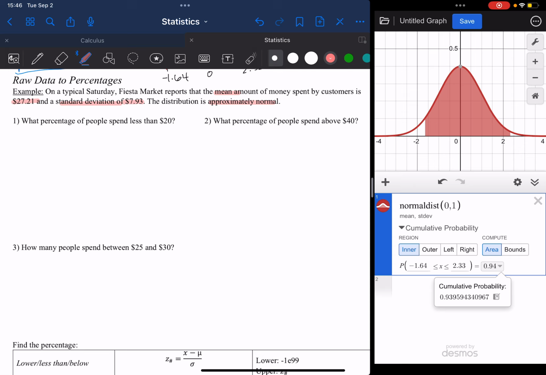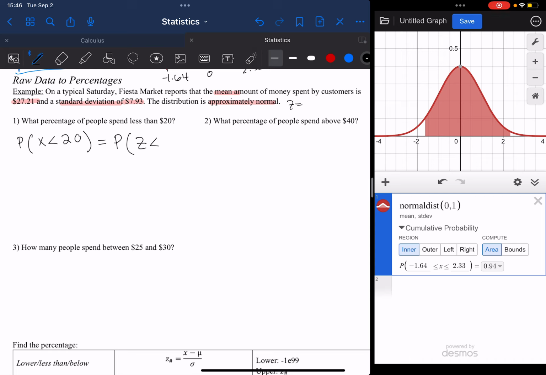Number 1 says, what percent of people spent less than $20? Well, we are trying to find the probability that people spent less than $20. That's the same as saying the probability of Z is less than, and then recall that our formula for Z-score is Z is equal to X minus mu over sigma.